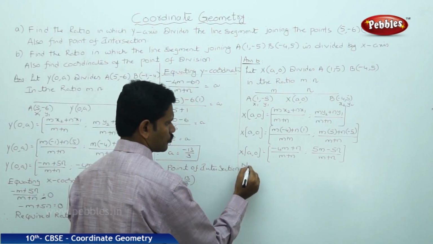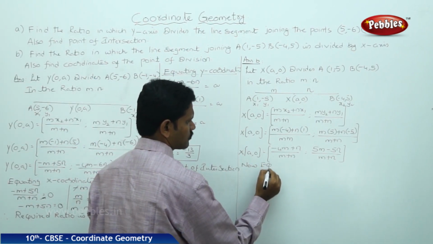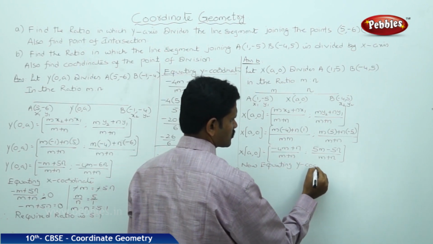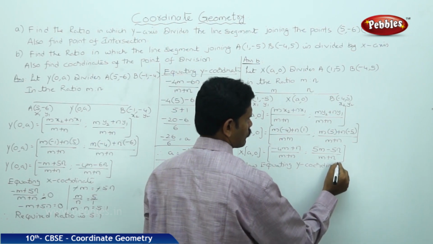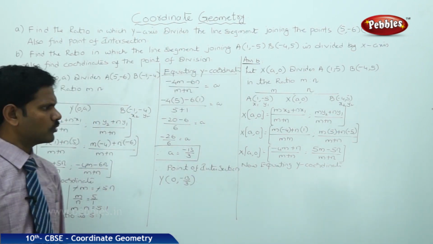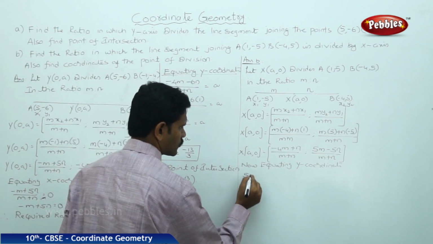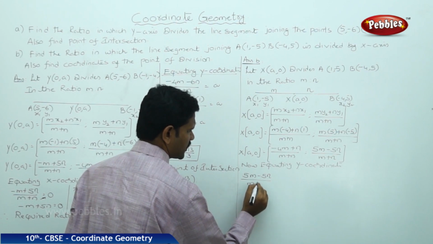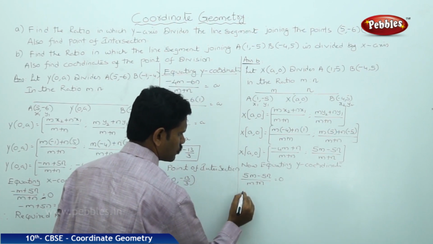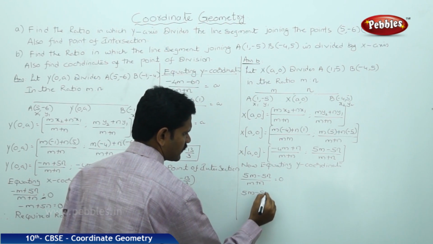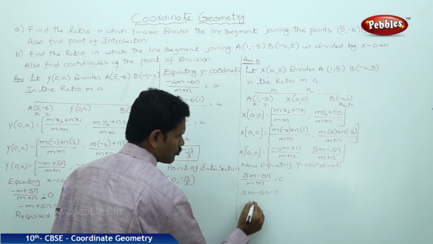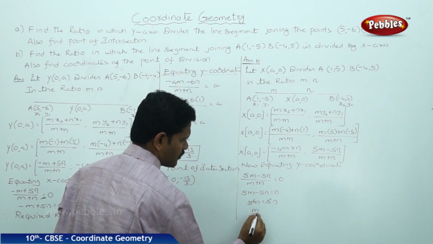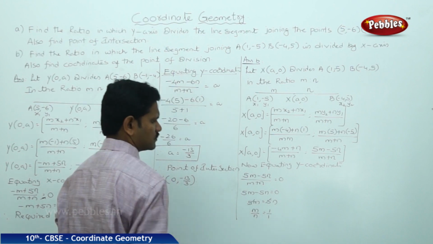Now equating y coordinates, that is, (5m minus 5n) by (m plus n) equal to 0, 5m minus 5n is equal to 0, 5m is equal to 5n, that is, m by n is equal to 1 is to 1.